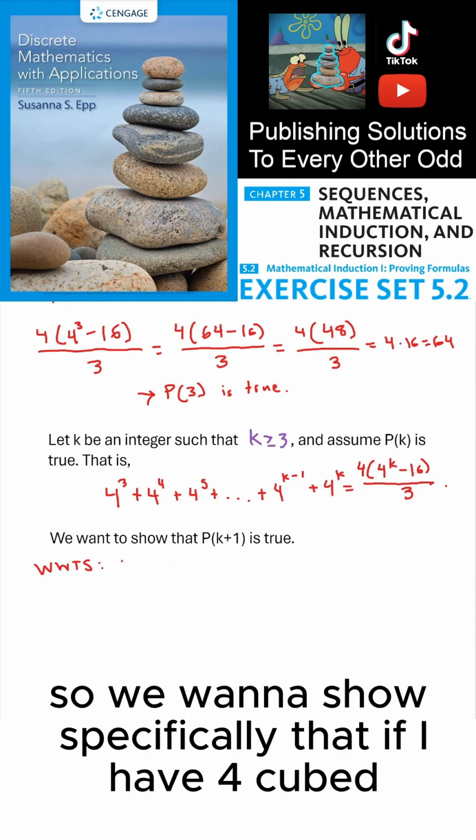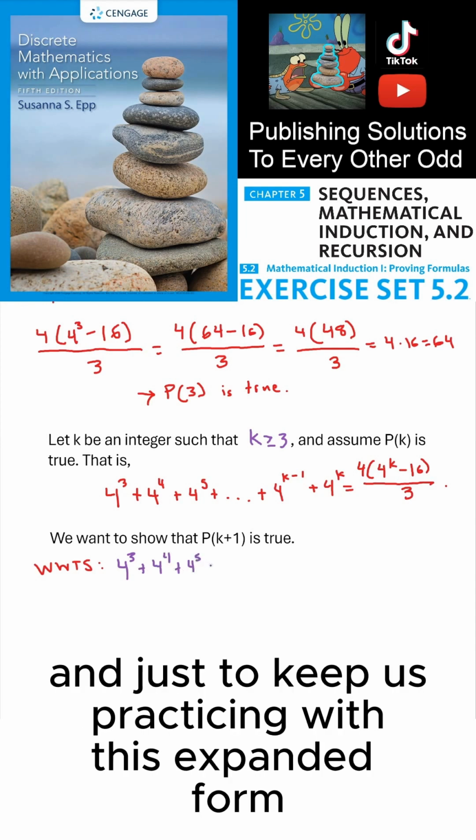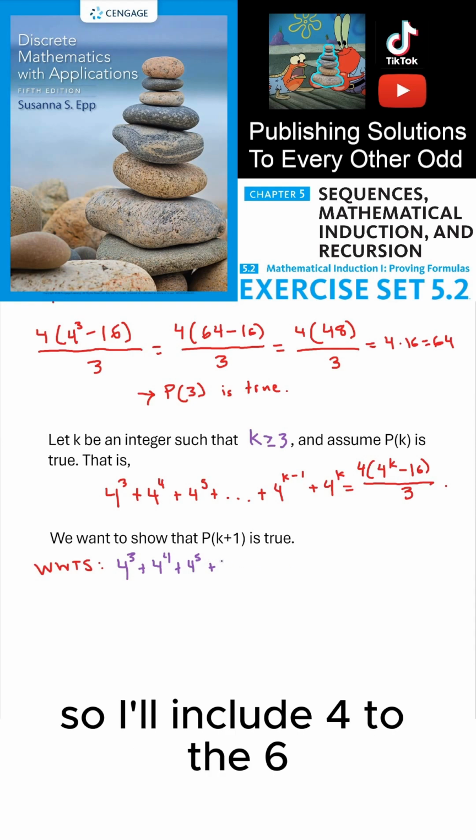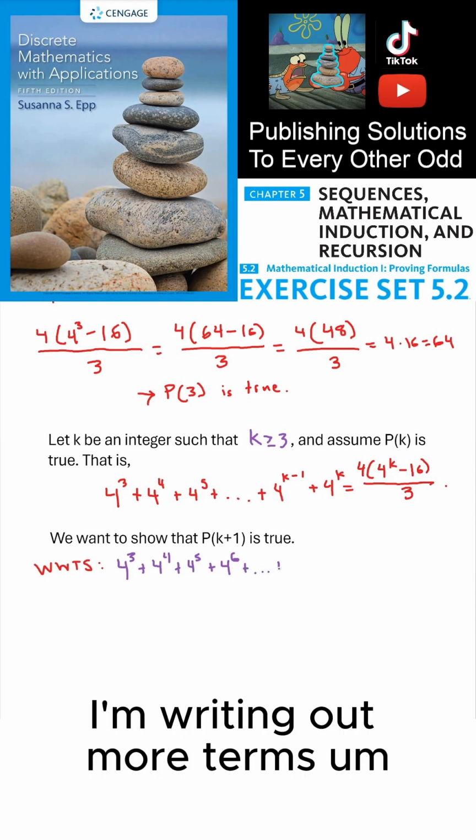We want to show specifically that if I have 4 cubed plus 4 to the 4th plus 4 to the 5th, and just to keep us practicing with this expanded form, I'll write out the first 4 terms, so I'll include 4 to the 6th. It doesn't matter. This is the same series, even though I'm writing out more terms.